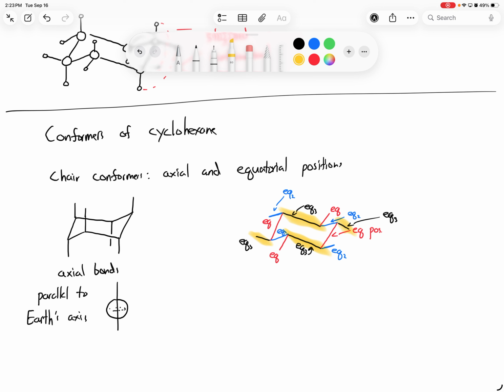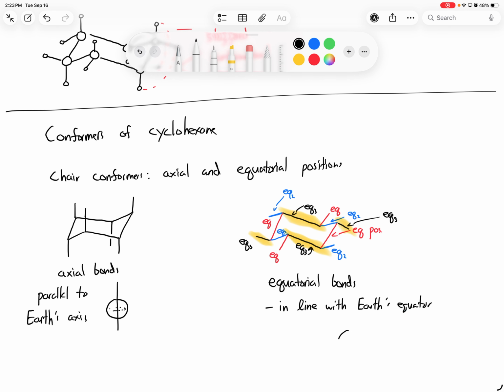Because if you look at this on a side view, we saw the chair, right? So we look on that side view, this is actually the equatorial position. So equatorial bonds here, okay, so they're in line with Earth's equator.